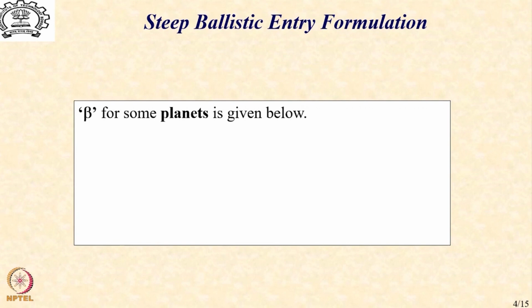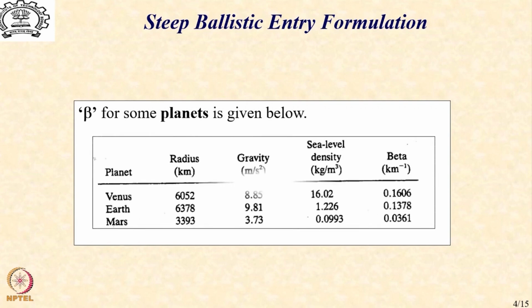Given below are some values of beta for various planets which have atmosphere. So for example, Venus, the value is 0.1606, for Earth it is 0.1378, and for Mars it is 0.0361.